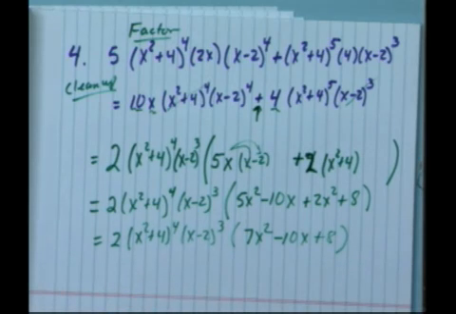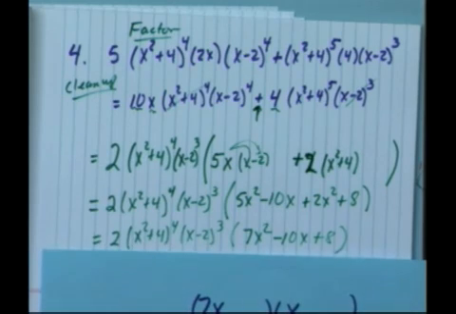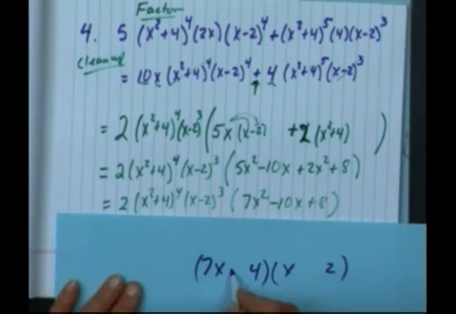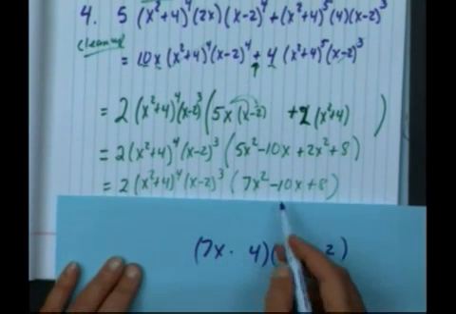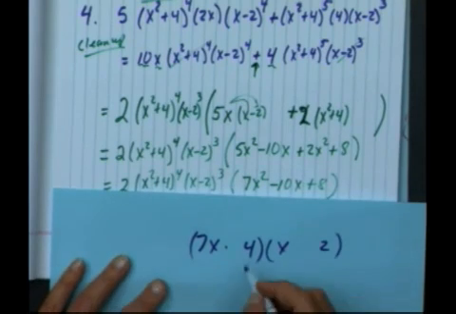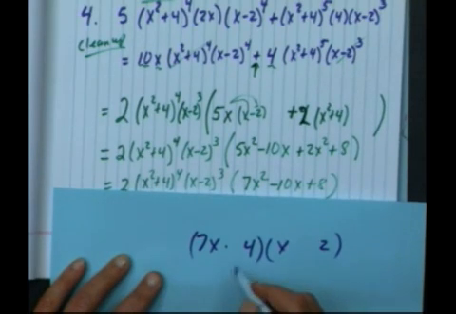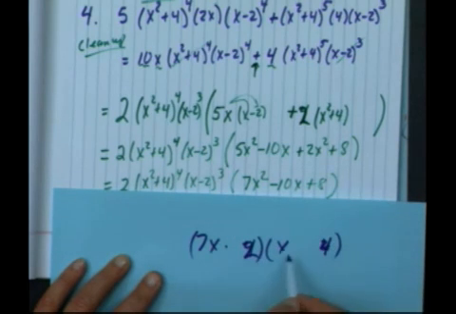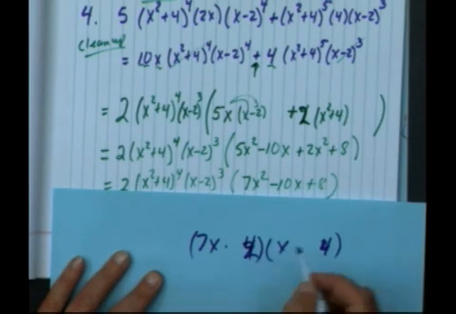Let's see, we'd have to have a 7x and an x, and I need to come out with a negative 10. 2 and 4, 14 and 4, yep. Oh, yeah. Nope, that's not going to work. All right, let's check the discriminant.